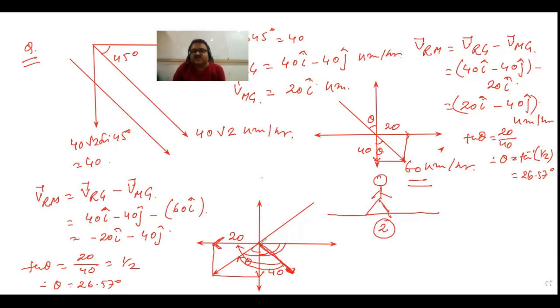As speed increases, he needs to hold his umbrella like this. So this is the technique of finding this, and this is the interesting phenomenon. What happened when the speed increases? Correct. So now I'm going to show you a very important problem exactly like this.